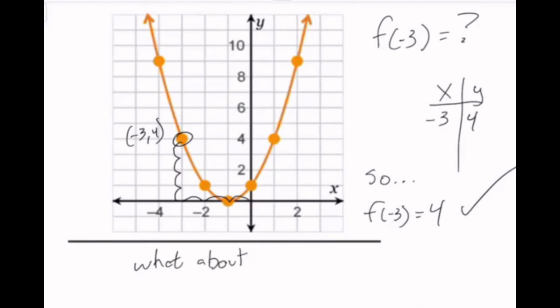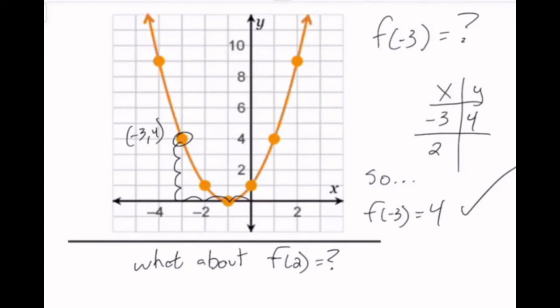Let's look at another instance with this same example. What about f of positive 2? Try to find it on your own. Start at the origin, 0, 0.